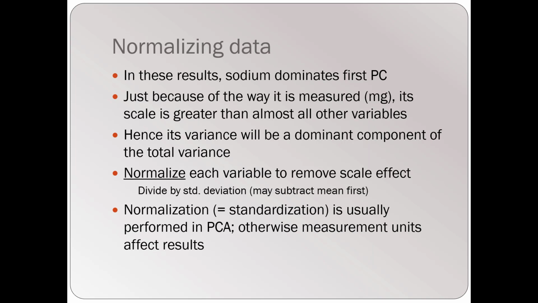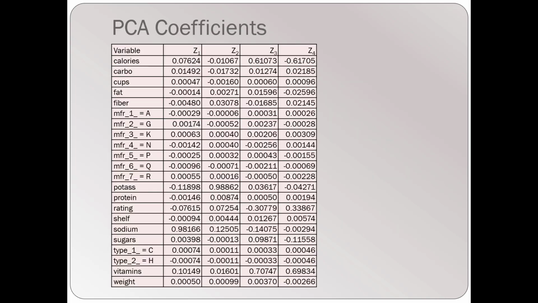One of the problems with principal component analysis is when the variables' scales are different. Then the variables with larger values will have a higher impact on the variance of the principal components. So here, for example, this is the entire cereals data set.